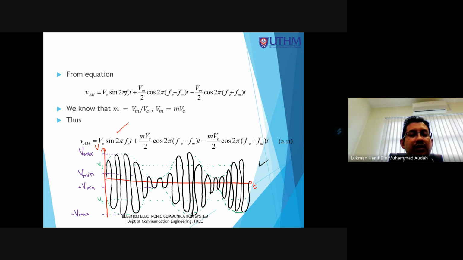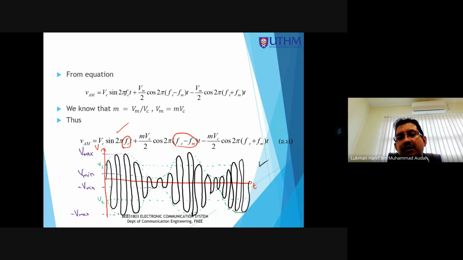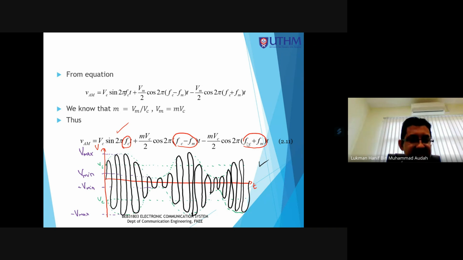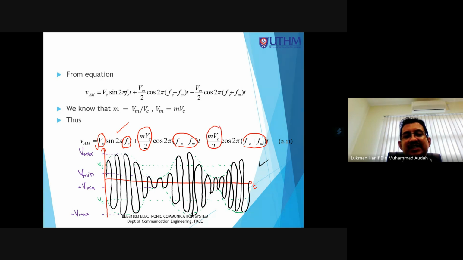The first thing is the frequency: the carrier frequency, the lower side frequency, and the upper side frequency. The second thing is the amplitude of the carrier, the lower side frequency, and the upper side frequency.